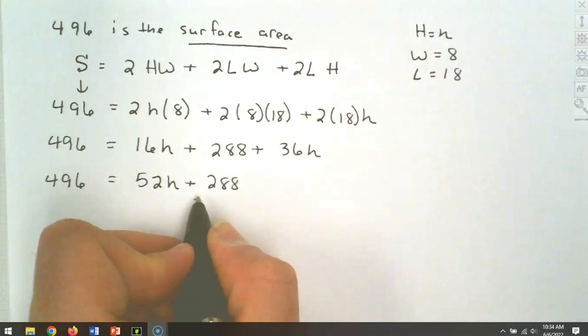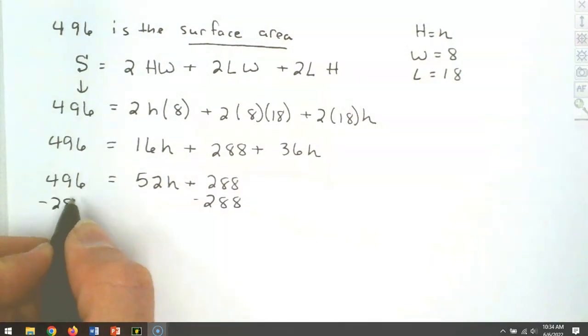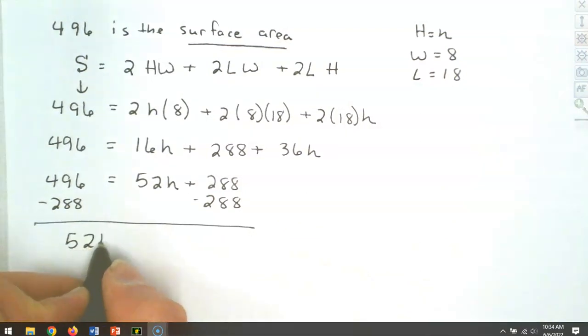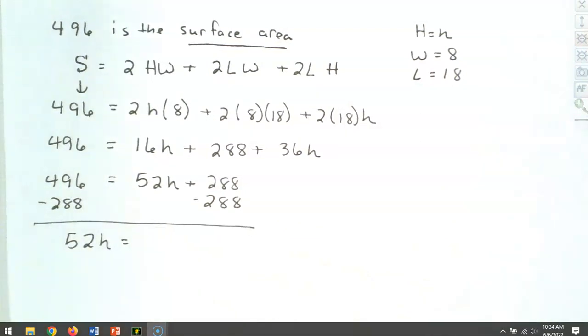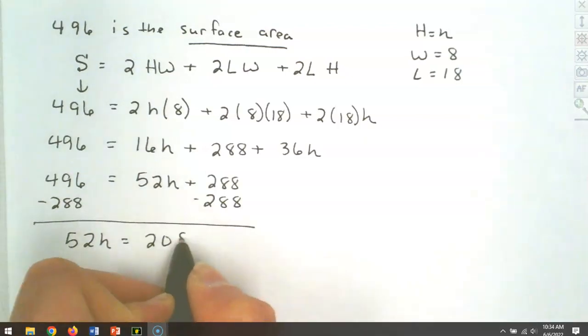We now move that 288 over. And I'm going to put the 52 on the left because I like to put the variables on the left. And 496 minus that 288 is now 208.